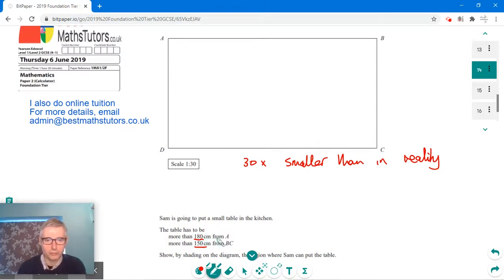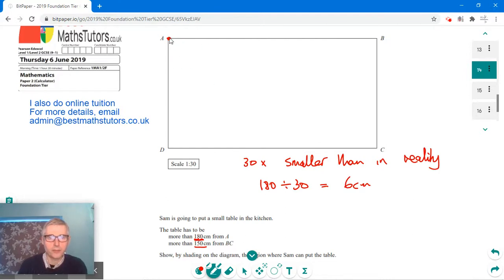If it's got to be 180 centimeters from A, then on our diagram we've got to divide 180 by 30. We could use a calculator for that. That will end up being 6. So on our diagram, we've got to be more than 6 centimeters from A, which would represent 180 centimeters in real life.